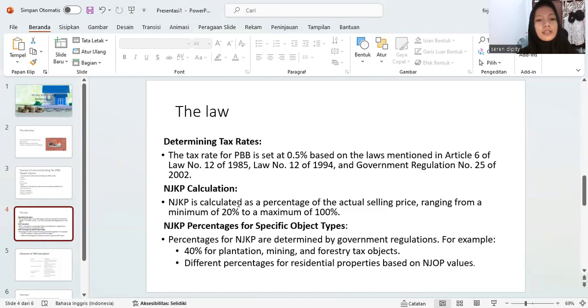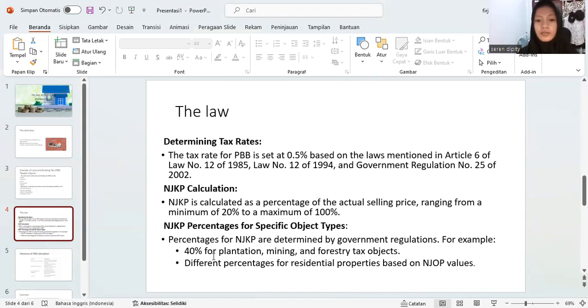And then the calculation is a percentage of the actual selling price, ranging from a minimum of 20% to a maximum of 100%. The percentages for specific object types are determined by government regulations.